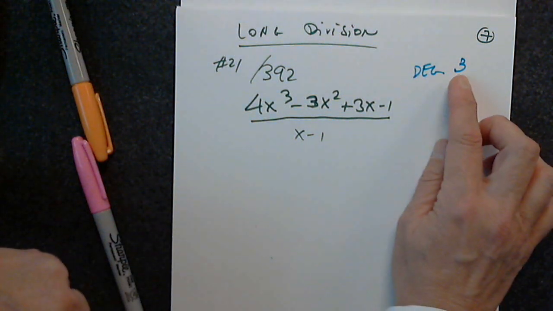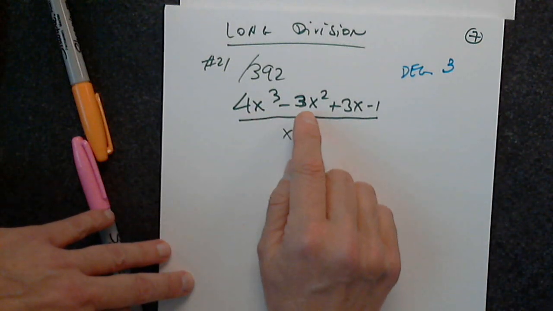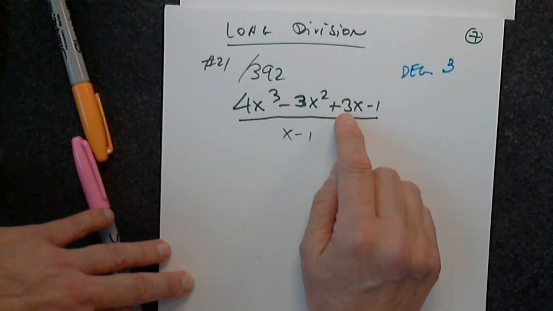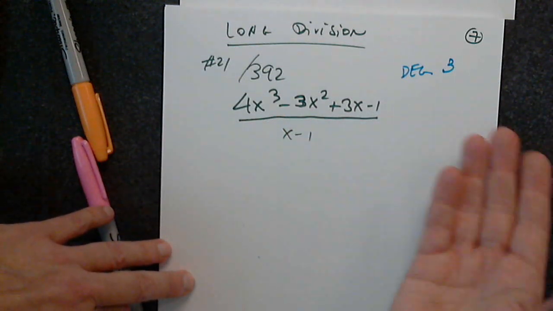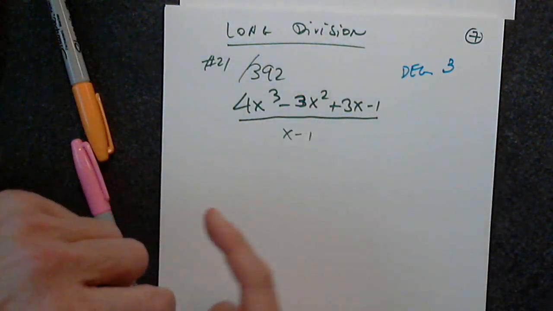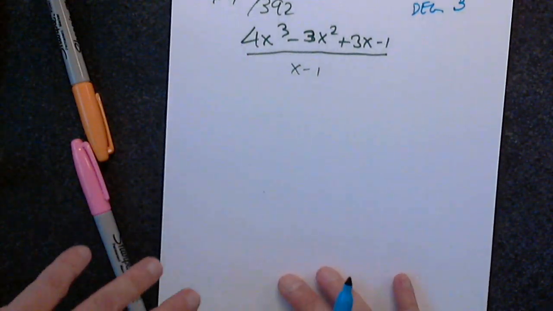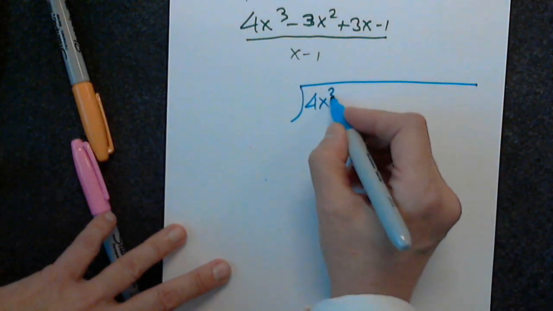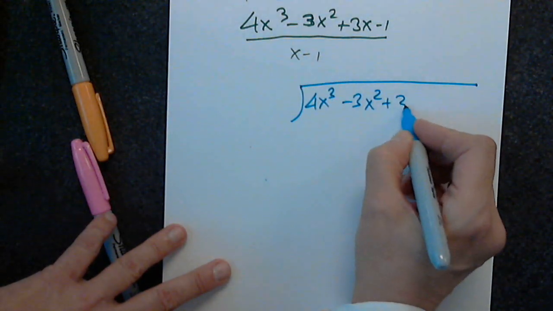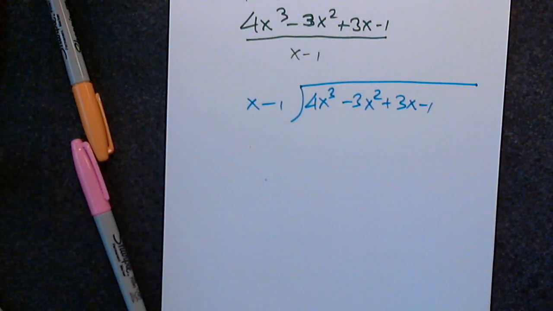Well, any polynomial of degree 3 should have degree 3, degree 2, degree 1, and degree 0. And it does. It has all 4 terms. So there is no missing term, and therefore there is no need to leave any empty space. So 4x cubed minus 3x squared plus 3x minus 1 divided by x minus 1.